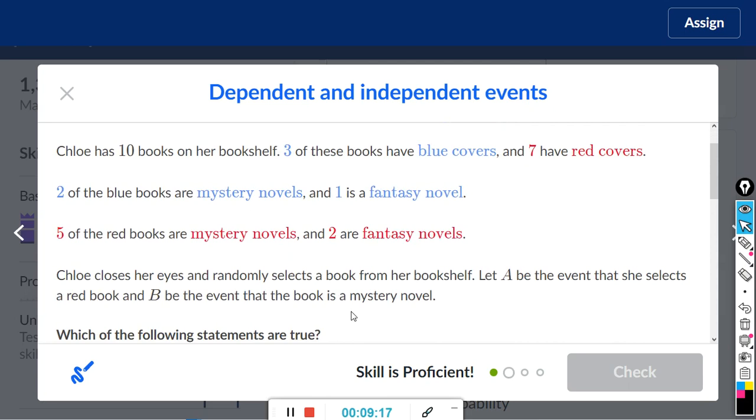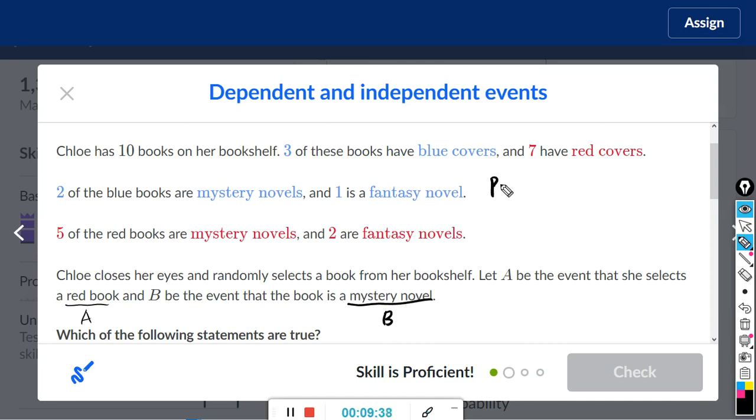All right, so we have all our information here. And they said event A is that she selects a red book. And event B is a mystery novel. So let's see.